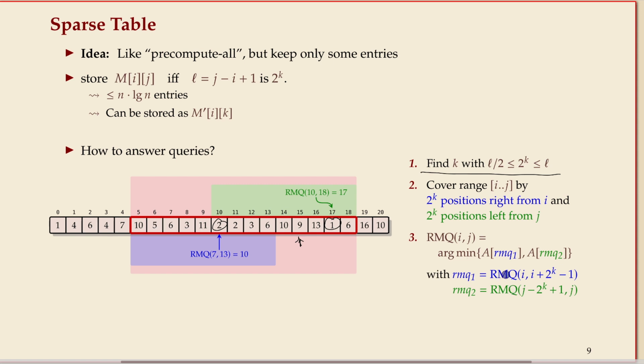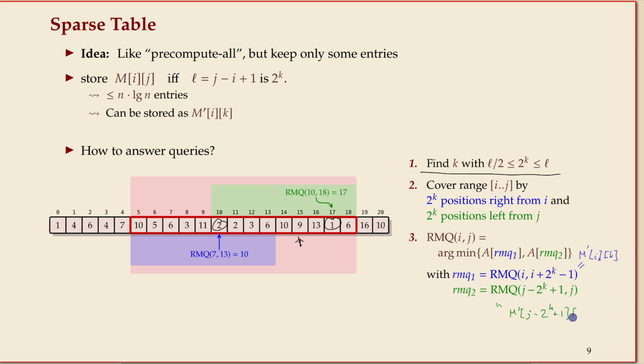So I ask these two subqueries, which have a length of power of 2. So these are just stored. That one's stored in M prime i k, and the green one's stored in M prime j minus 2 to the k plus 1.